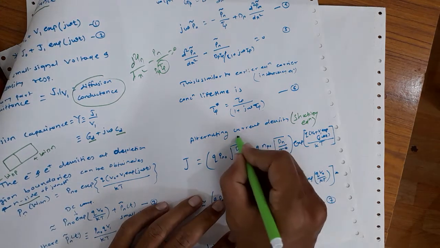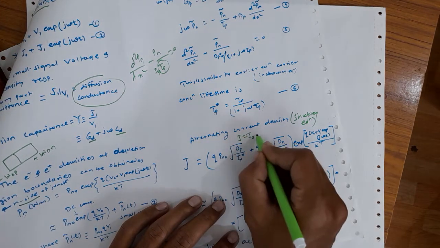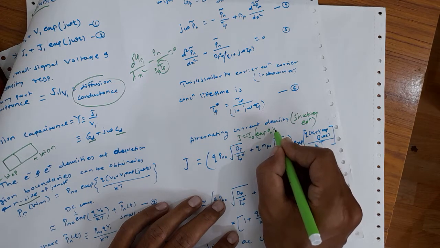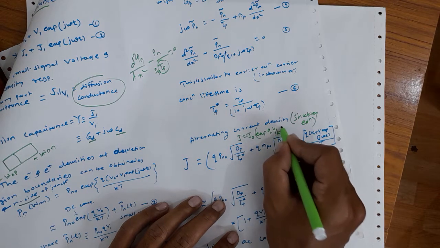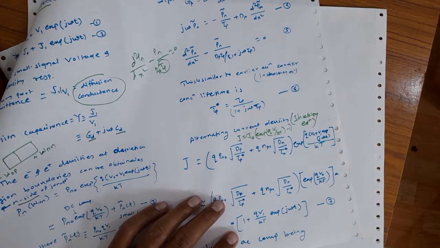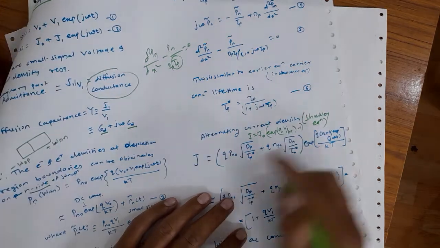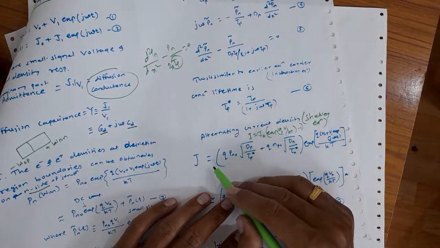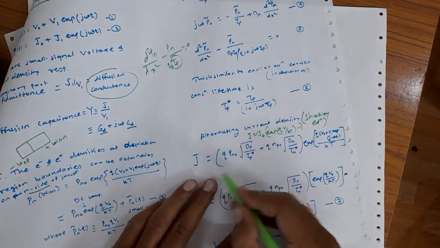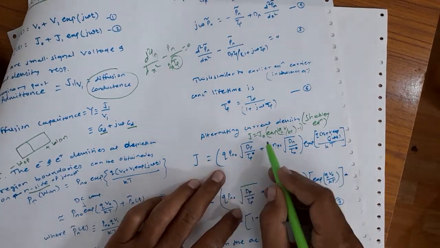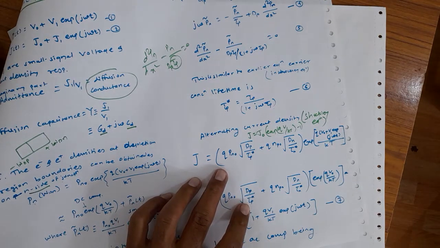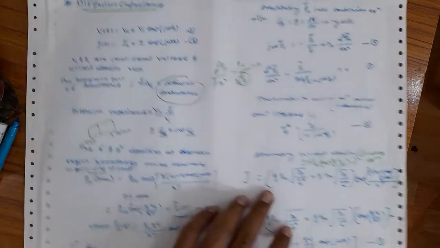What we get is J equal to J0 times exponential of q phi by kT minus 1. From this equation we can obtain it. Now try to substitute the values of all the other quantities and rearrange the terms. The J0 will be replaced with whatever quantity we obtained earlier.